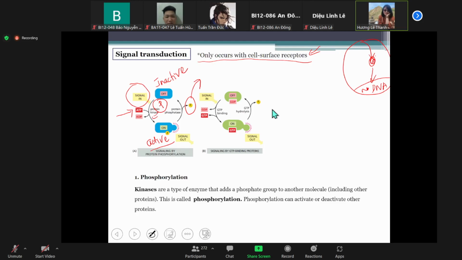It's the same with GTP, guanosine triphosphate: if we donate a phosphate, it becomes active, and if it releases the phosphate, it becomes inactive. So it's called phosphorylation. This is the first type of transduction.